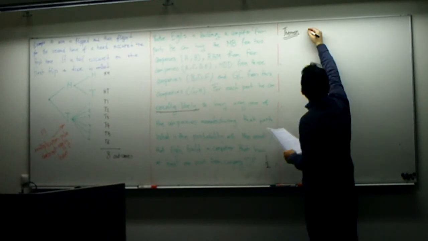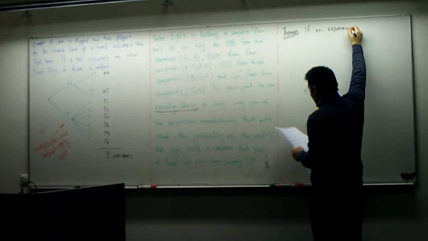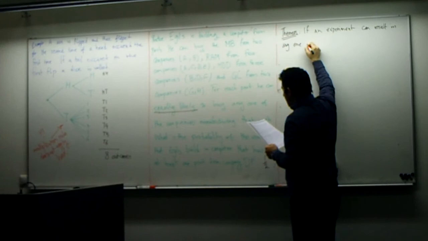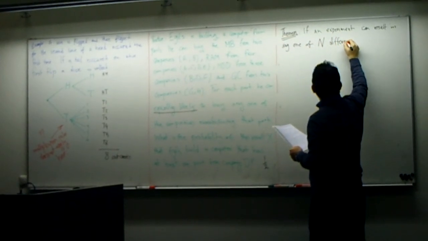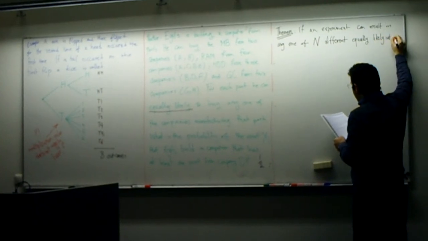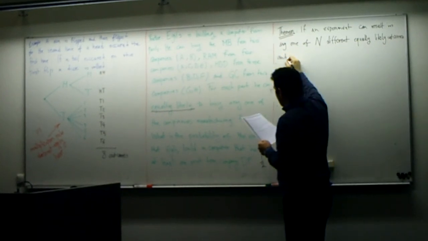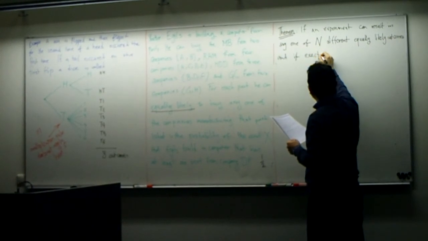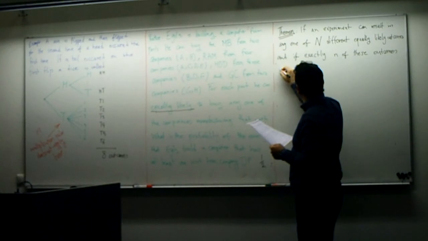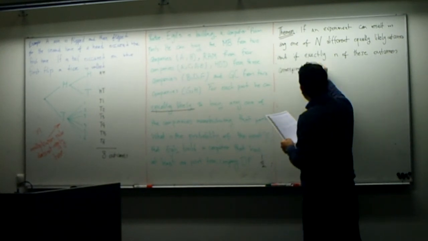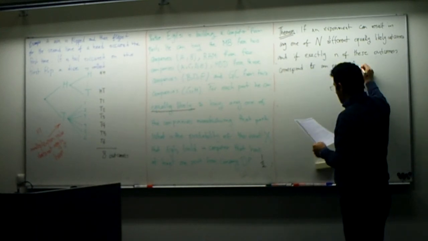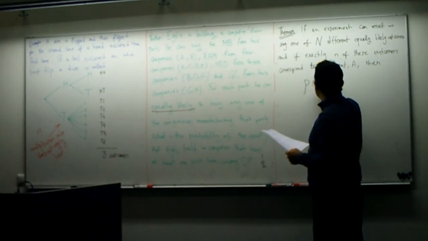The theorem says if an experiment can result in any one of n different equally likely outcomes, and if exactly n of these outcomes correspond to an event, let's say A, then what is the probability of A?